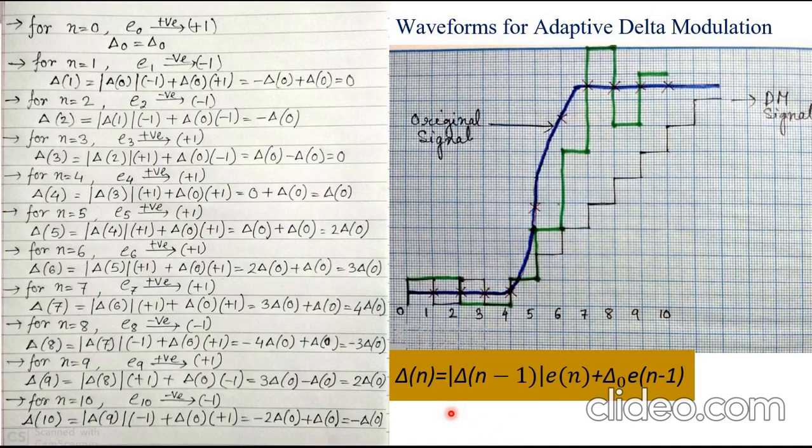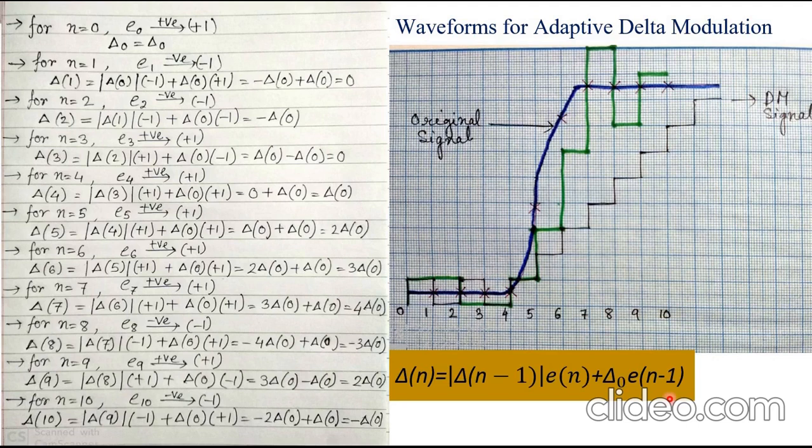Okay. So this is the basic formula: delta n equal to mod of delta n minus 1 into En plus delta 0 into En minus 1. This is the mathematical expression of step size control, for controlling the step size basically.